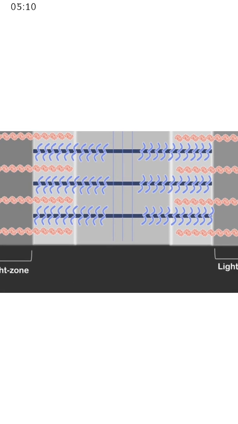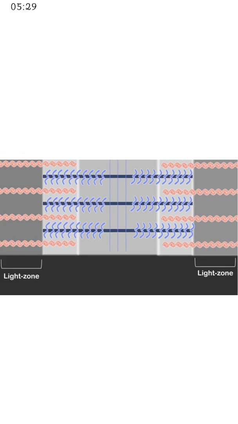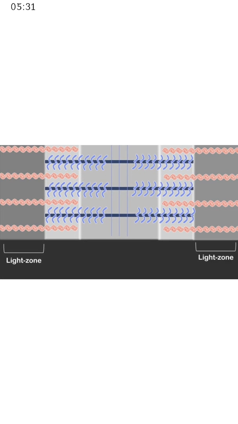We also remember that the H zone is where we meet only the myosin filament, while the A band is the region where we meet the myosin filament regardless of whether actin filaments are present or not. The middle of the H zone is called the M line.